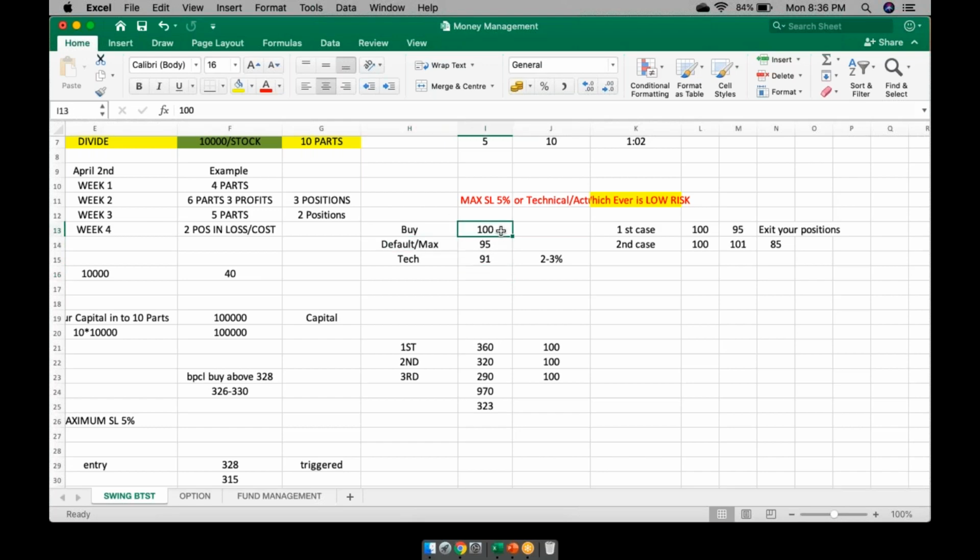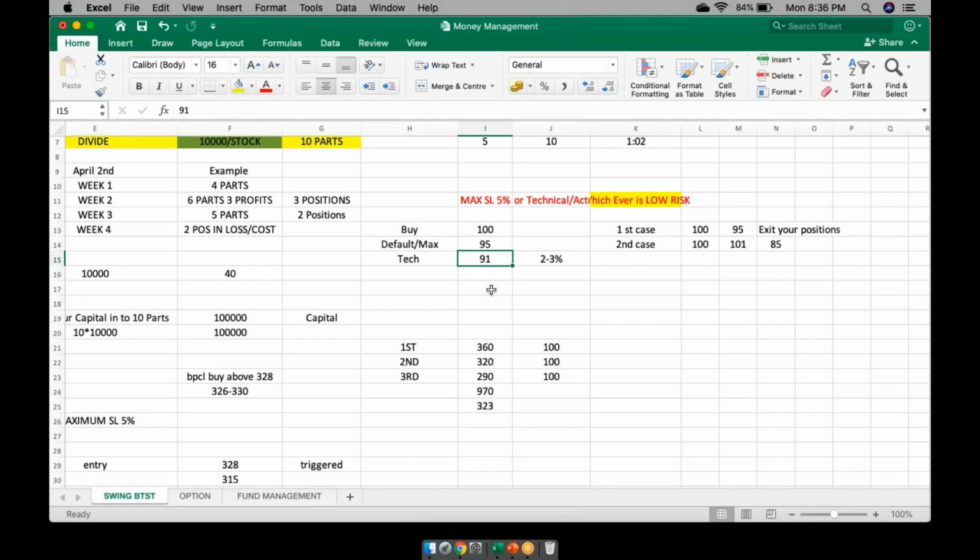You are buying a stock at 100 rupees, default or maximum stop loss is 95 rupees, and technical stop loss is 91. That means technicals is clearly giving an indication that it is already a risky trade, so better don't enter.